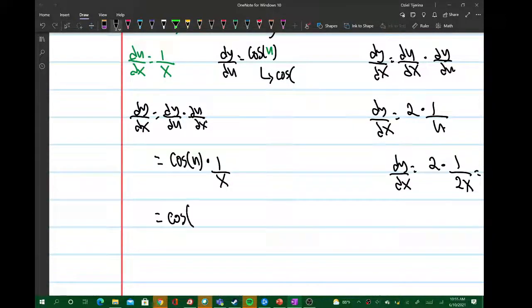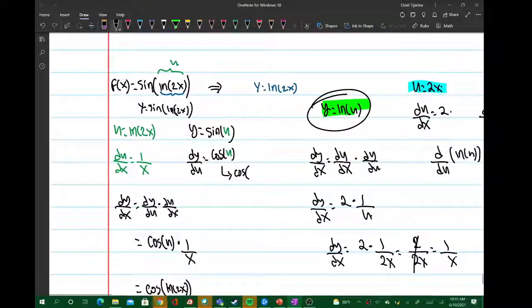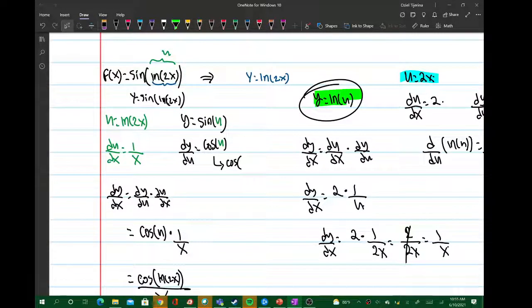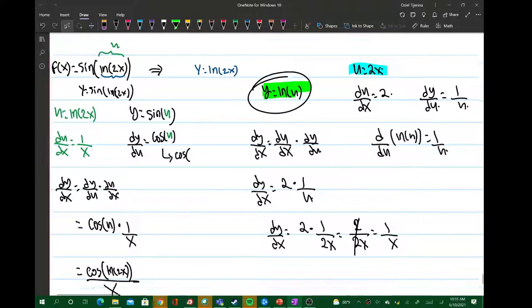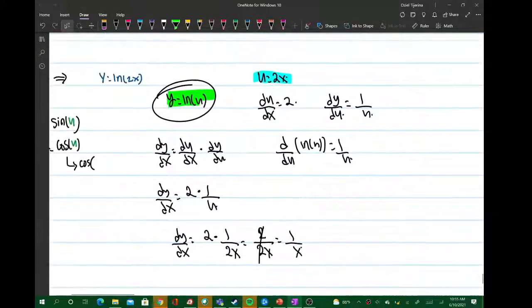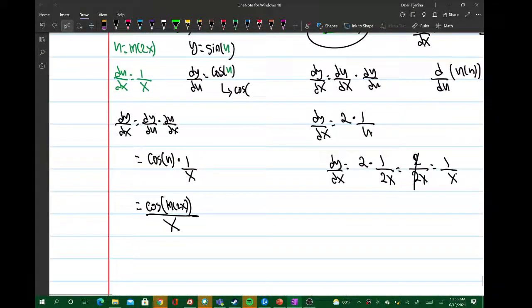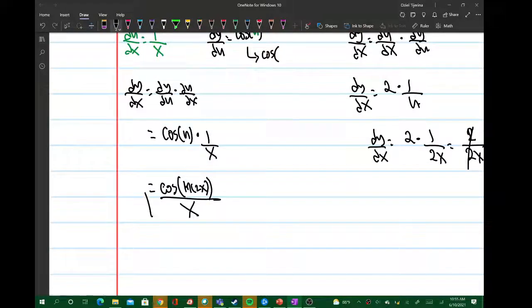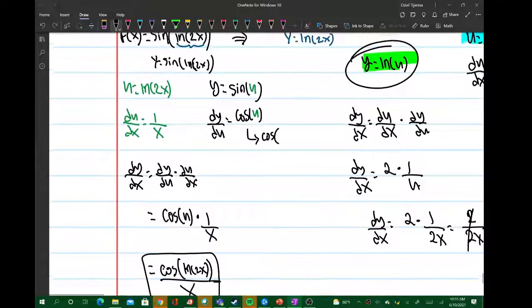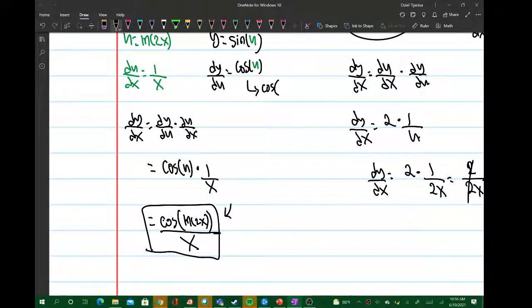So it's going to be cosine of ln of 2x over x. That is the whole derivative, that's what f prime of x is.